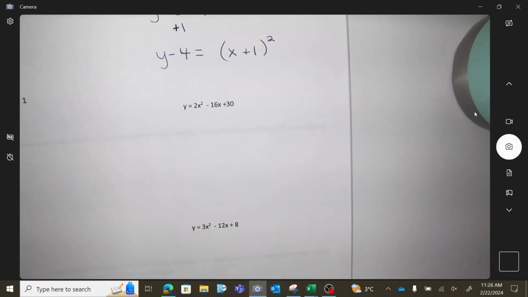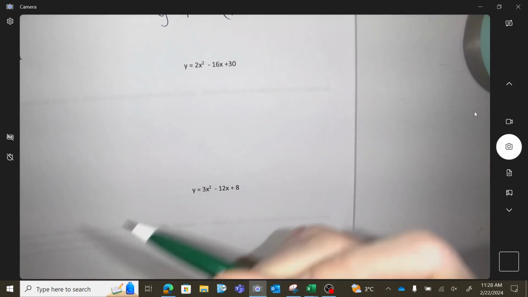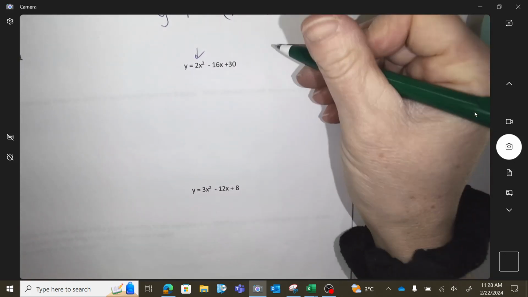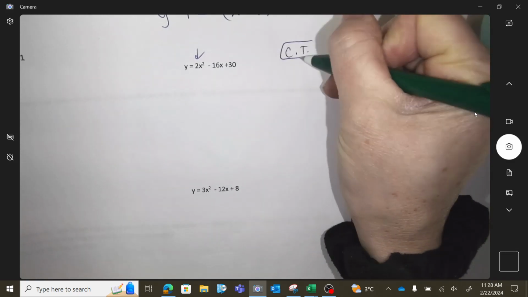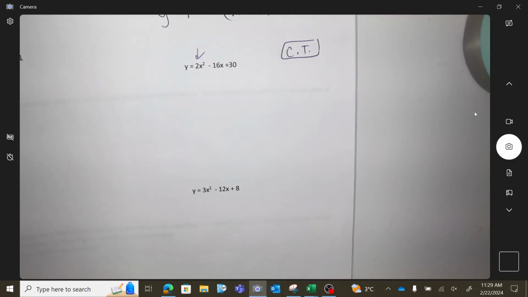What's different about this one? Coefficient there. We're going to call it a, what did I call it there without those letters? Complex trinomial. Okay, complete the square only works for simple trinomials, okay?